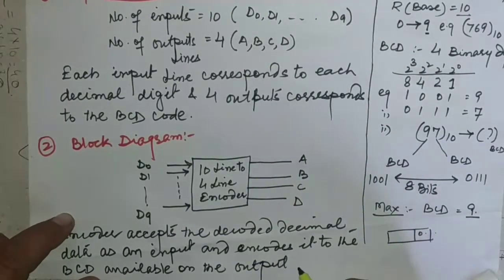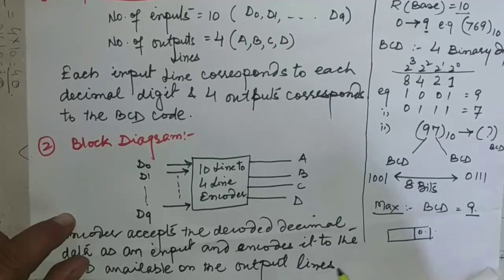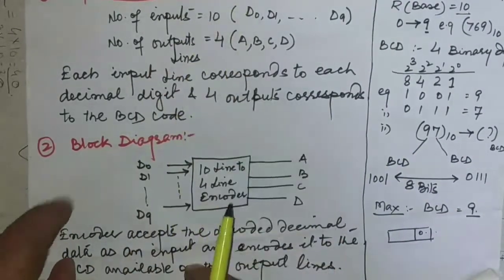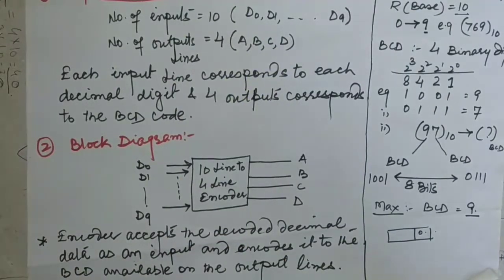So this is what we can say about this type of encoder by looking at the block diagram.